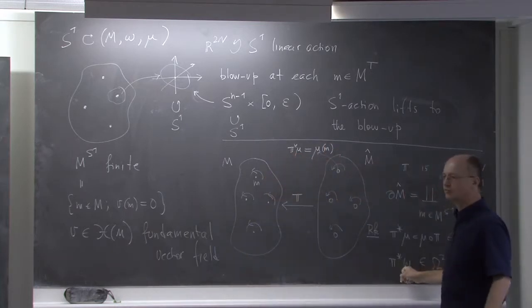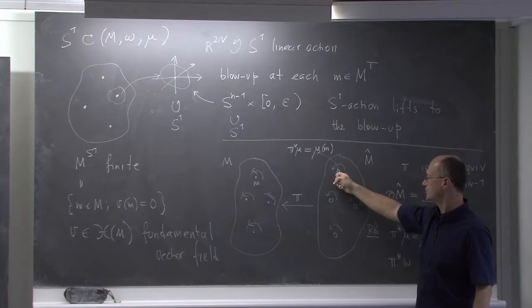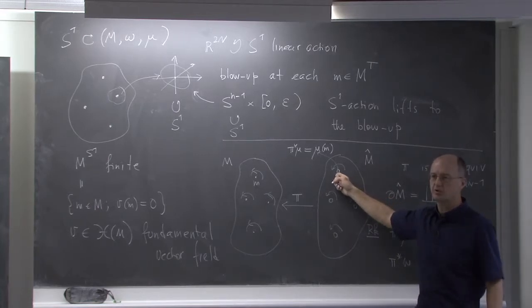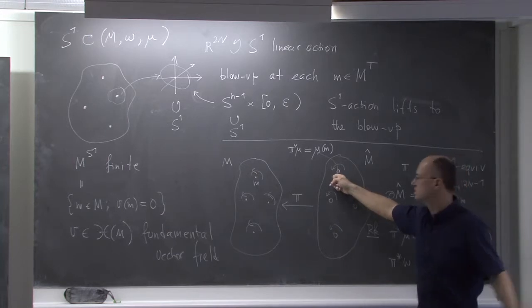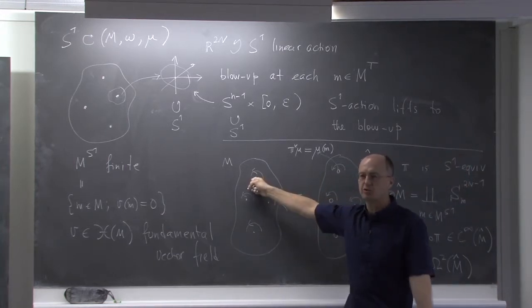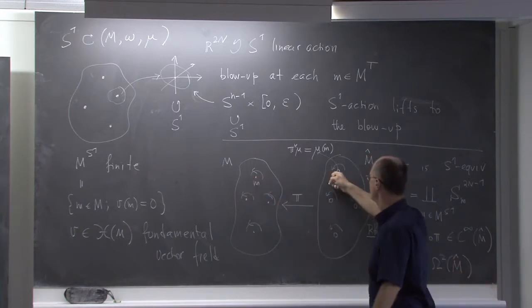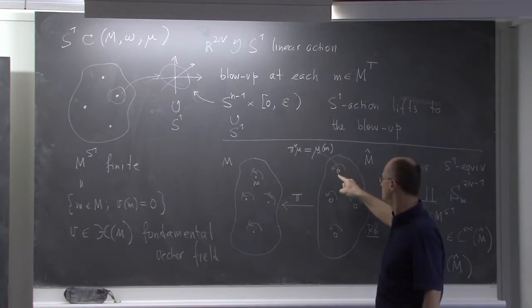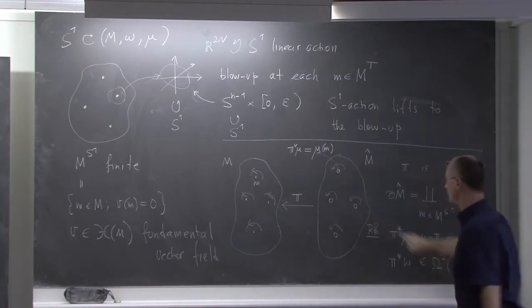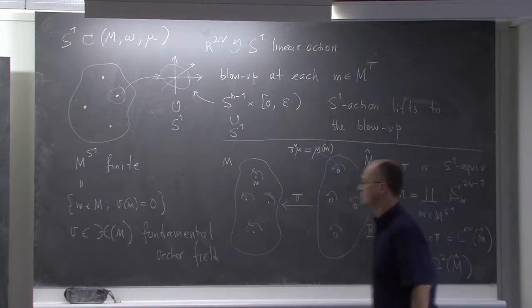What about the two-form? What's the pullback of the two-form to the boundary components? Zero, of course. We're pulling back a two-form from a point. Any two-form on a point is zero, whatever it is. So if we restrict this pullback to any of the boundary components, it is zero.